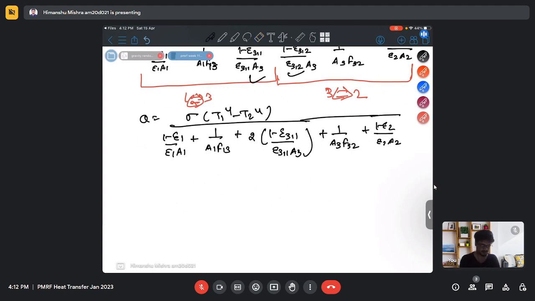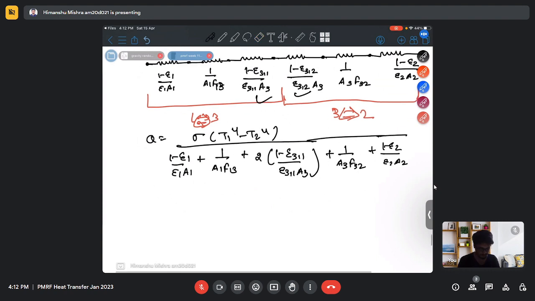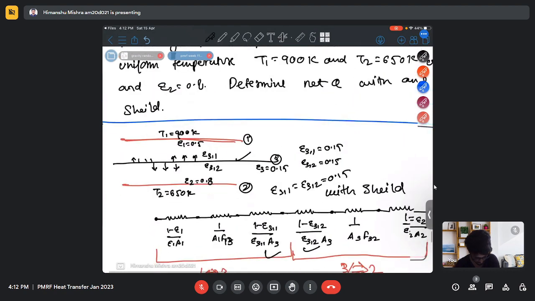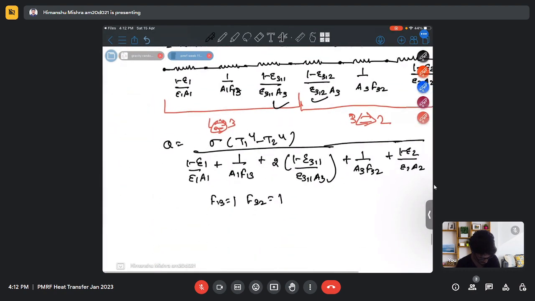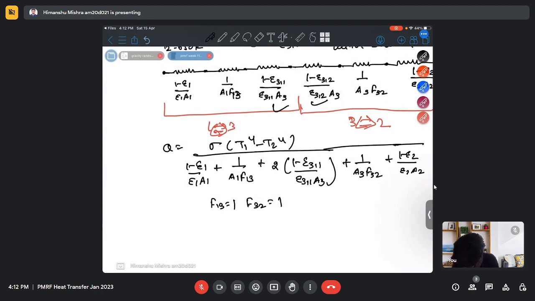So we can further simplify this expression according to our problem. So here F13 will be 1, F32 will be 1, and the surface areas will be all equal to each other.